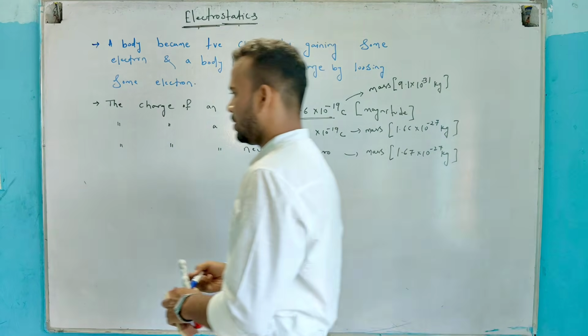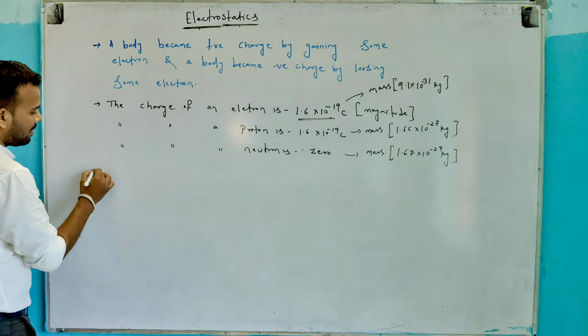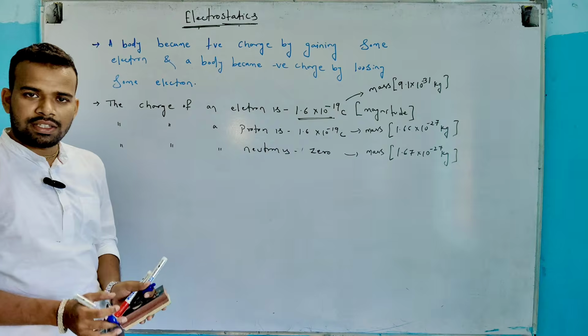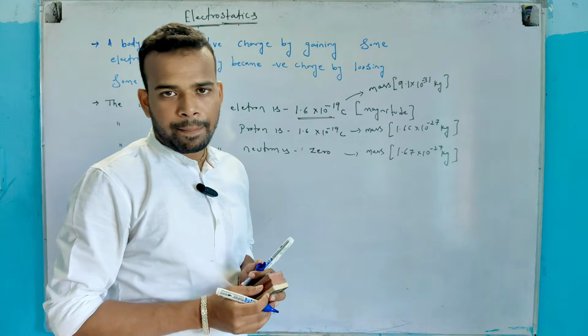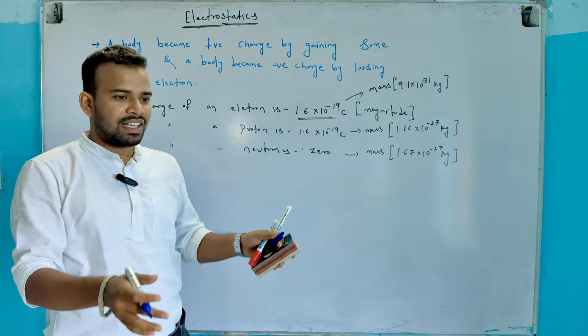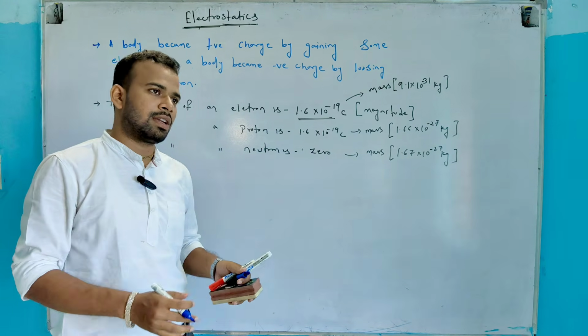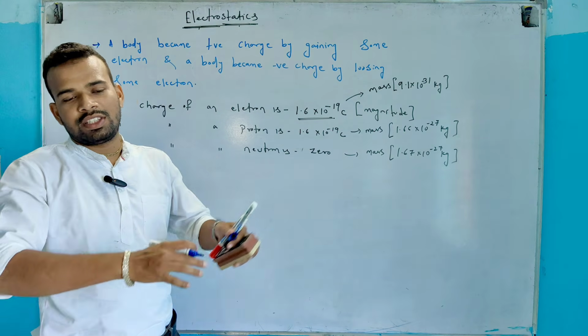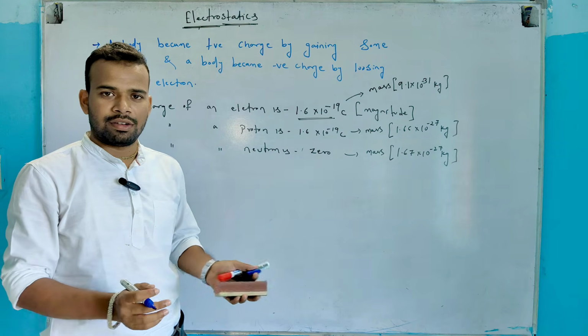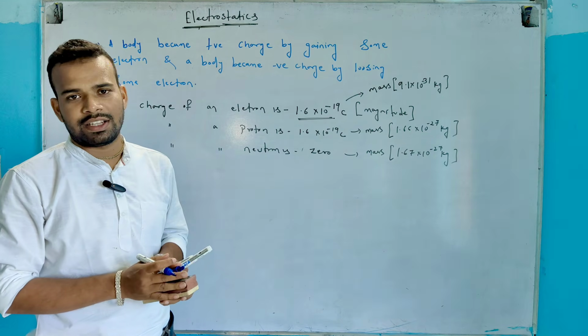Next thing, if we apply charge on a body that is symmetric in shape, symmetric means it has symmetry. For example, a football has spherical symmetry. A cylinder also has cylindrical symmetry.